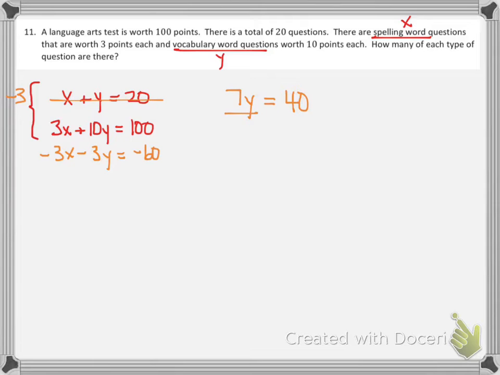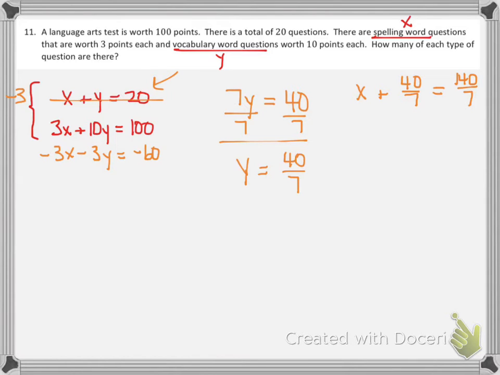And then to find the y value, divide by 7, we get y equals 40/7. And to calculate the x, I just use either equation. I'll use the top one again. And that is x plus y, which is 40/7, is equal to 20, which would be 140/7.